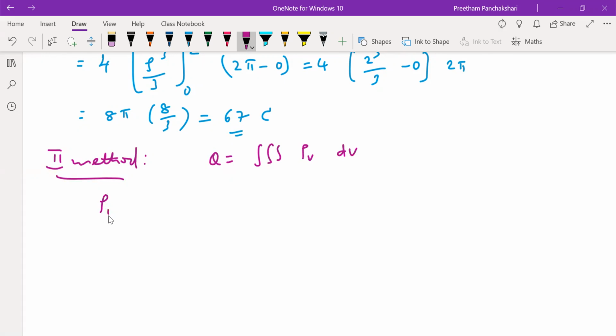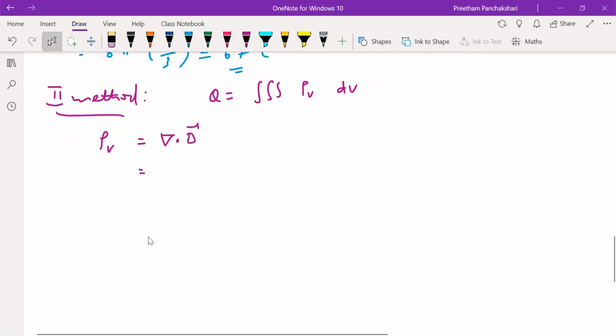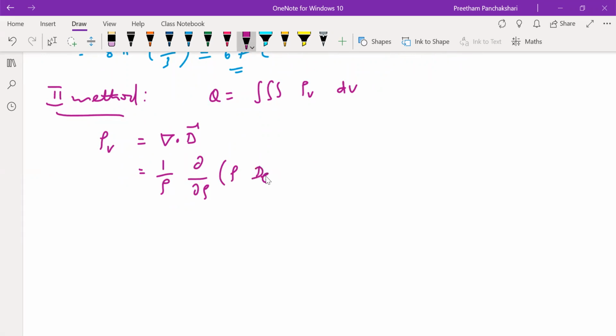So first let us find rho v, which is given by the divergence of D. Divergence of D for cylindrical coordinate system is given by 1 by rho, dou by dou rho of rho D rho, plus 1 by rho, dou by dou phi of D phi, plus dou by dou z of D z.